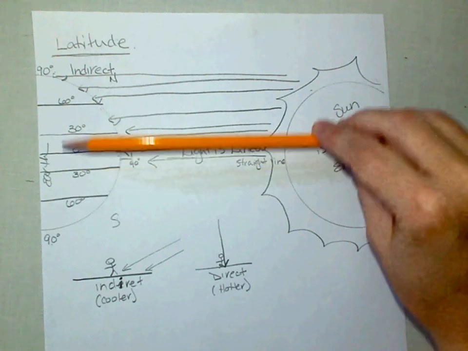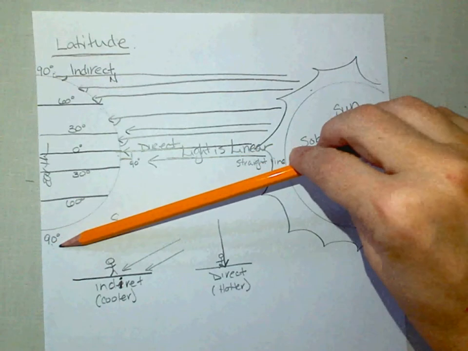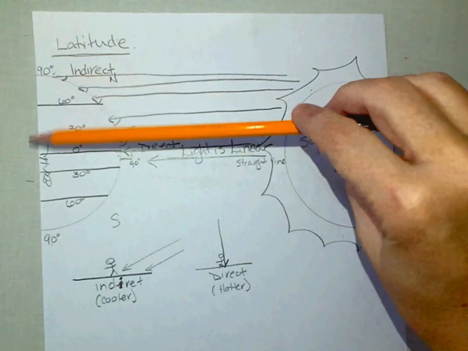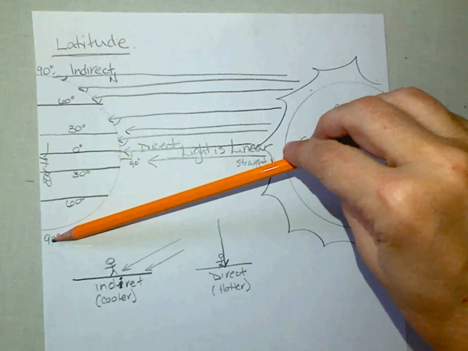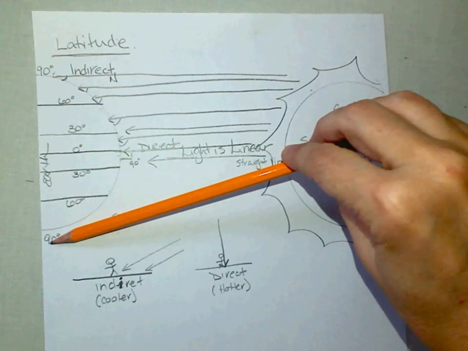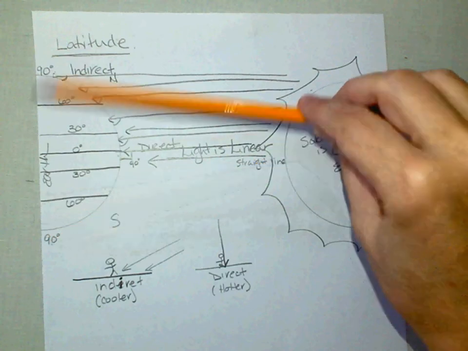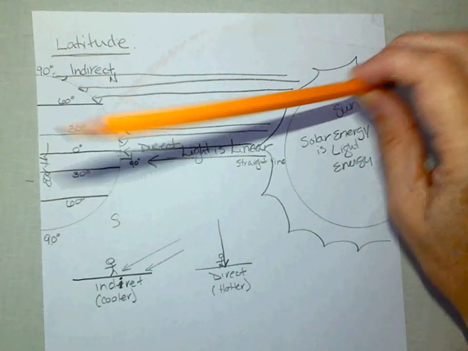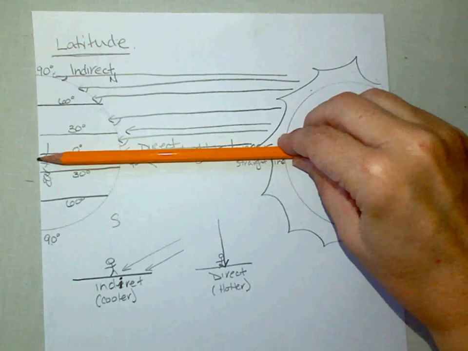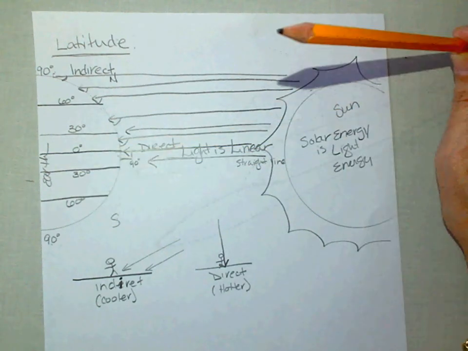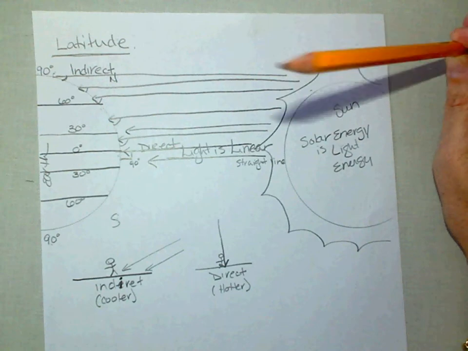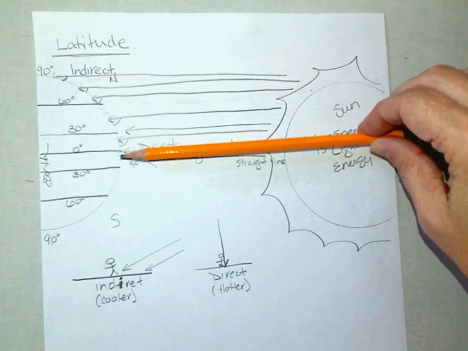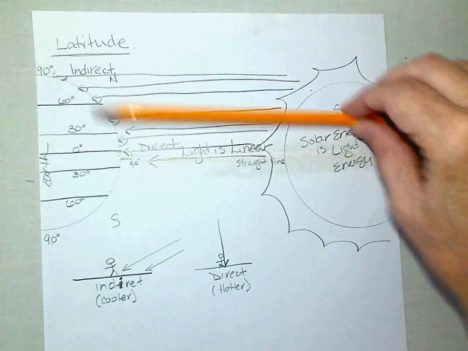Here at the poles are where we get our colder temperatures. We have our polar bears. The Arctic and the Antarctic are almost unlivable because of such cold temperatures. Here at the equator, we have all that warm weather. Okay? So this is all because of the indirect and direct light reaching the earth.